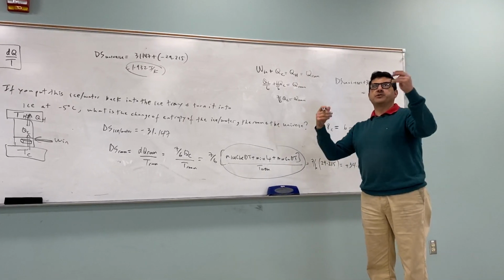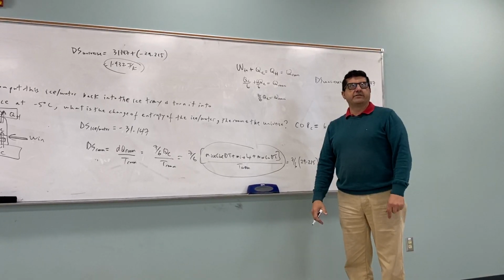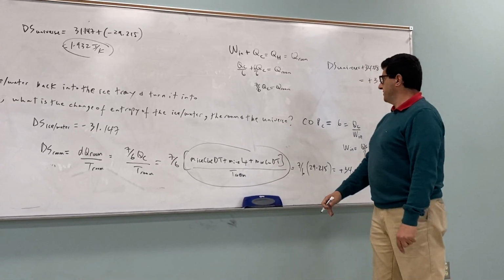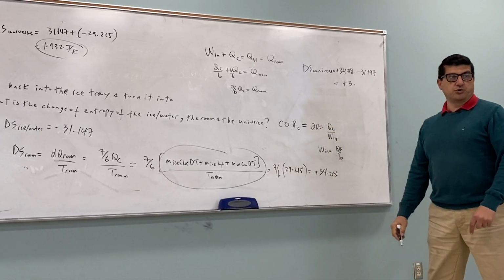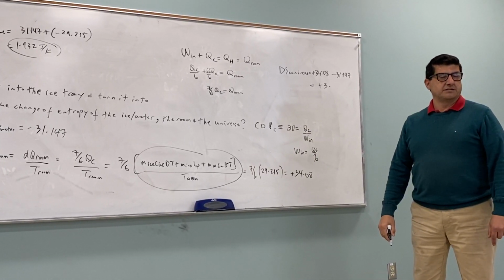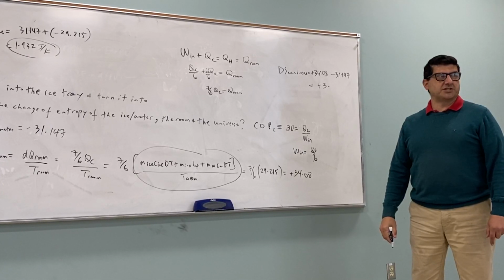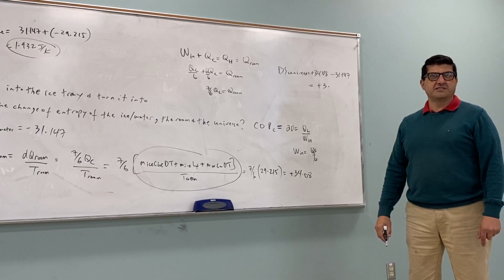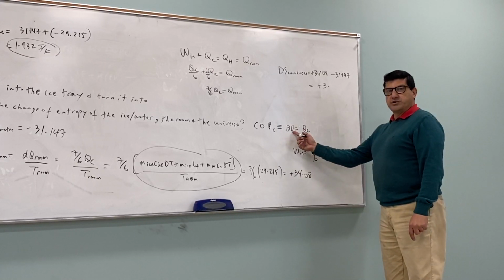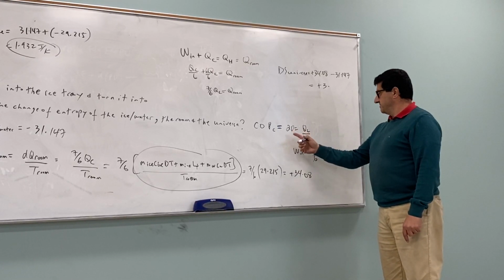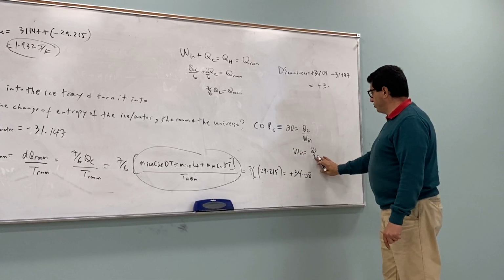So how good of a refrigerator do you need to have so that it doesn't happen like that? What if your coefficient of performance was 20? Now it's a really good refrigerator. Are you able to now decrease the entropy of the universe? Put 20 here, what happens? Work in is QC over 20.